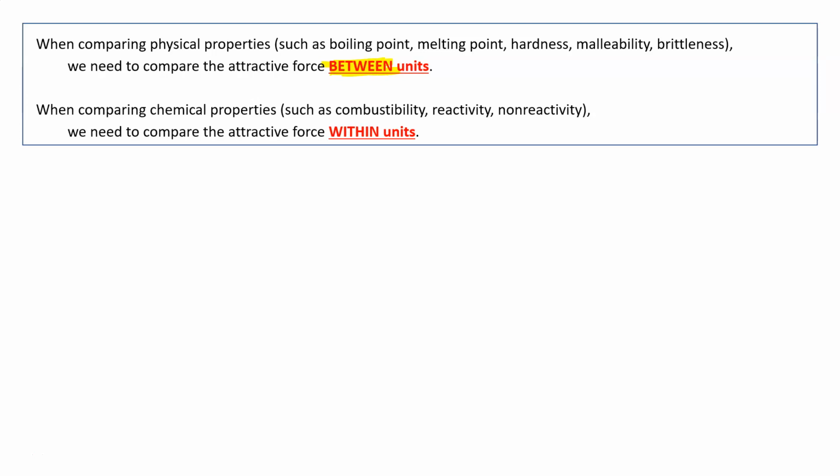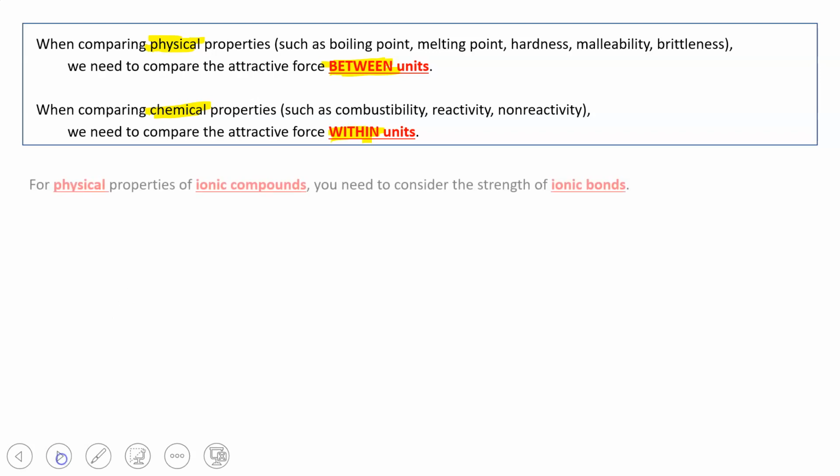Nothing's really changing. When we're comparing chemical properties like combustibility, reactivity, non-reactivity, we need to compare the attractive forces within the units, so within molecules, formula units, and so on, within the particle.